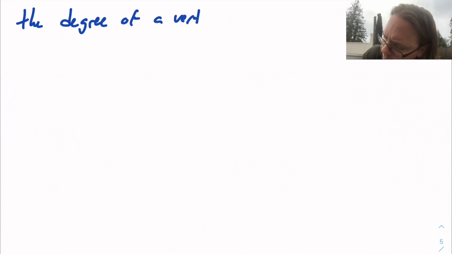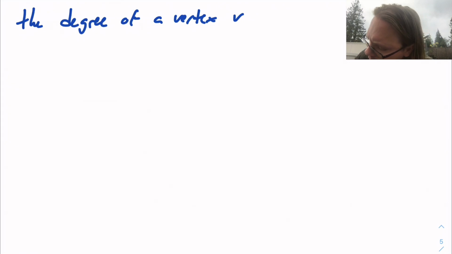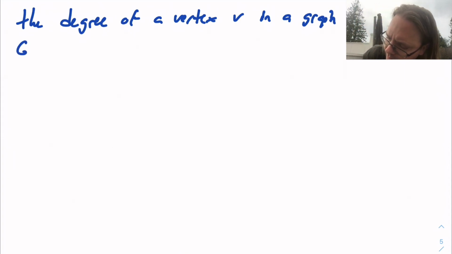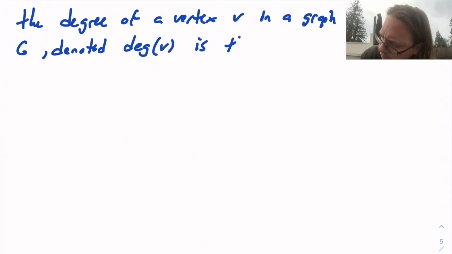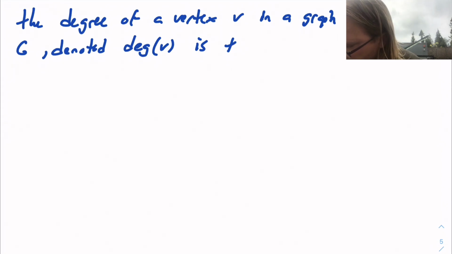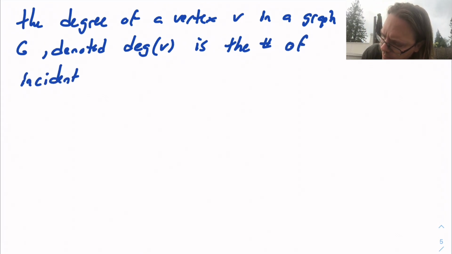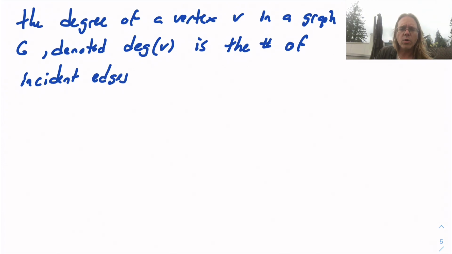The degree of a vertex V in a graph G, denoted degree of V, is just the number of incident edges, where loops count twice.